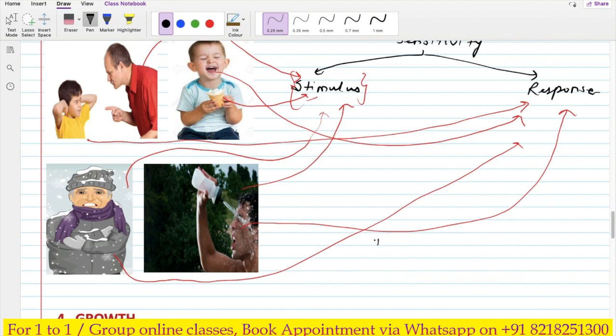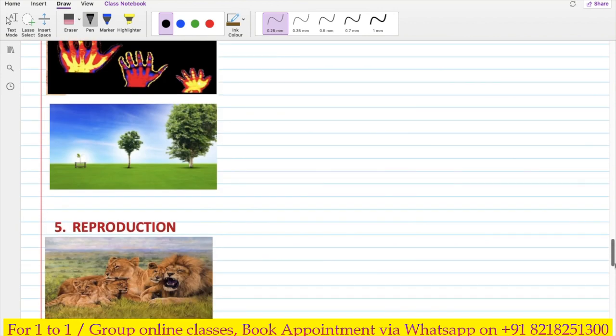First thing is, it is the ability. Ability to detect the stimulus. Definitely, if it's cold, you'll wear a jacket. Ability to detect the stimulus and then respond to the change. Whatever changes happen, you have to respond. All living things do that.